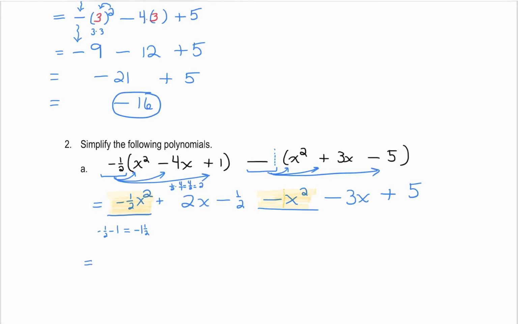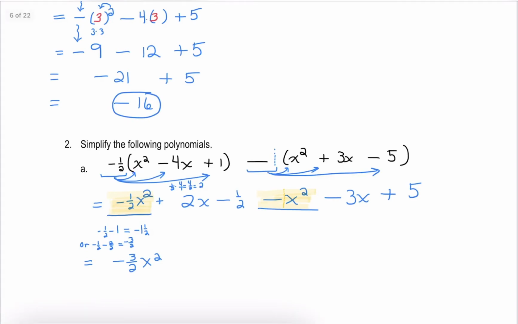So we would take that as negative 3/2 as the coefficient of the x squared. You could also rewrite the 1 as a 2/2, and you could make a common denominator out of that. So you could have also thought of this as negative 1/2 minus 2/2, and then that takes you to the negative 3/2. So either way, negative 3/2 x squared.